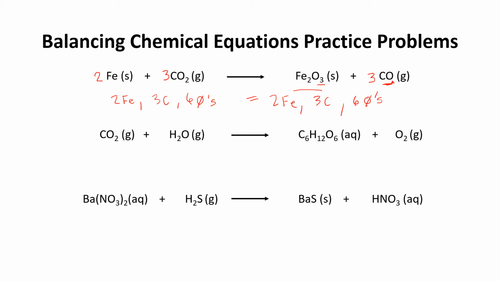We have carbon dioxide gas reacting with H2O. This should be in the liquid state. And that gives us glucose. This is glucose. This is photosynthesis, which is what plants undergo.